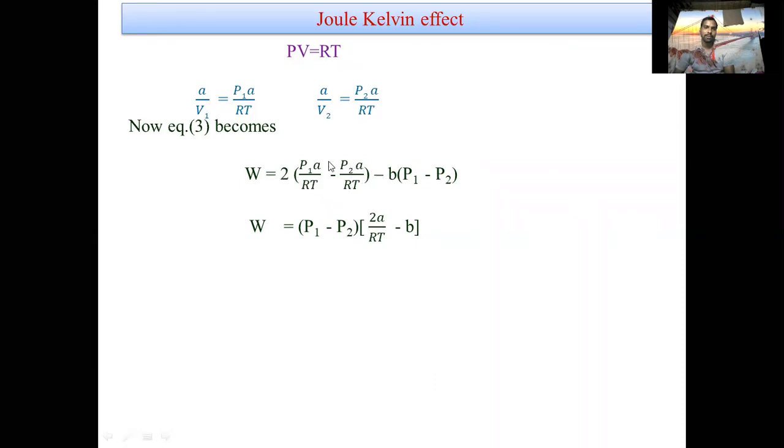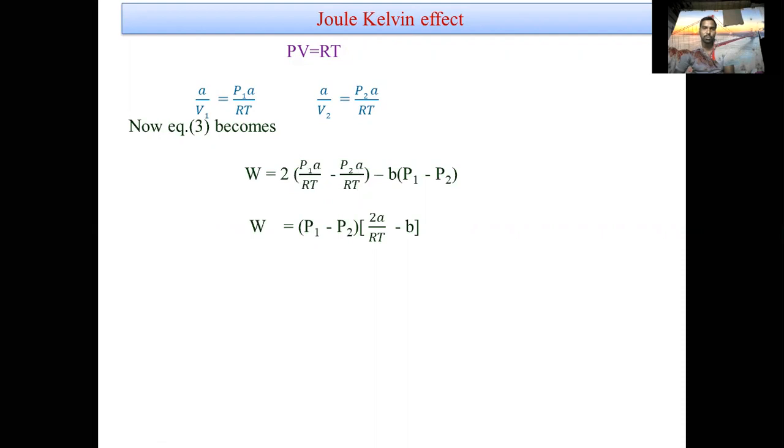Now here 2a/RT is common, that is (P1 − P2)(2a/RT) − b(P1 − P2).